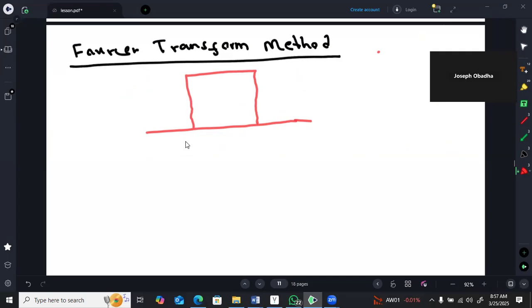So if we denote the cutoff frequency by capital omega c, which we usually use to denote the digital frequency, then what we also know is that the filter response is periodic.